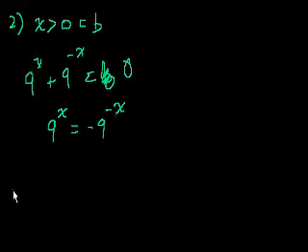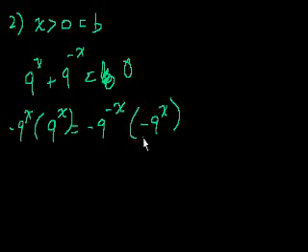Now let me multiply both sides by negative 9 to the x. So then you get, let's see, I just want to make this minus 9 to the x times minus 9 to the x. I'm just trying to simplify it. So what do you have here? The minus sign, minus 9 to the 2x, right?